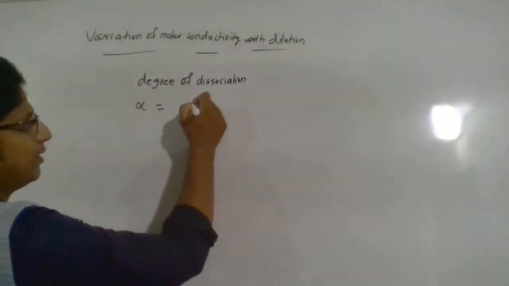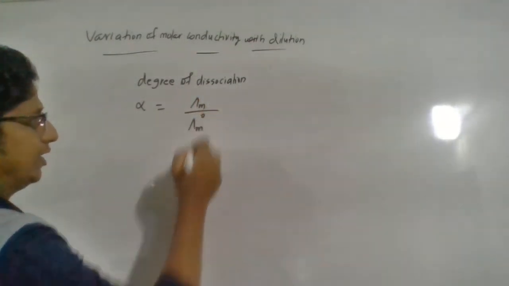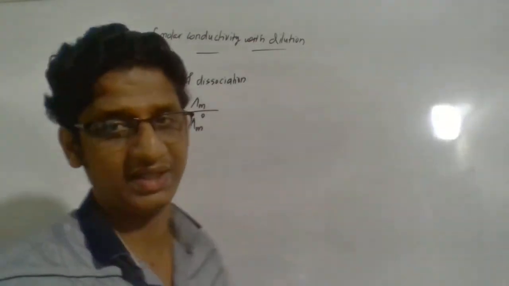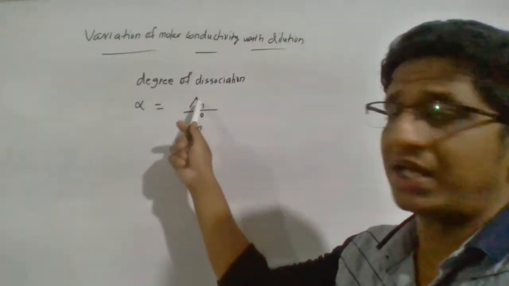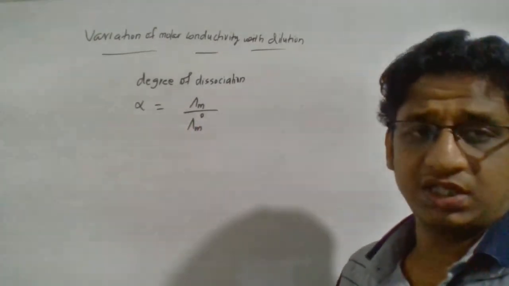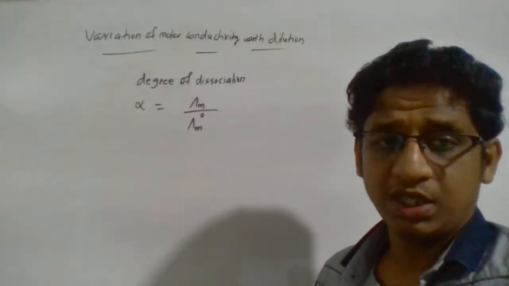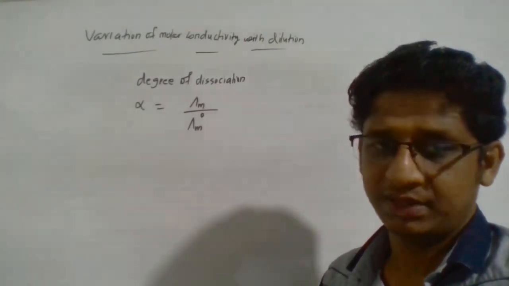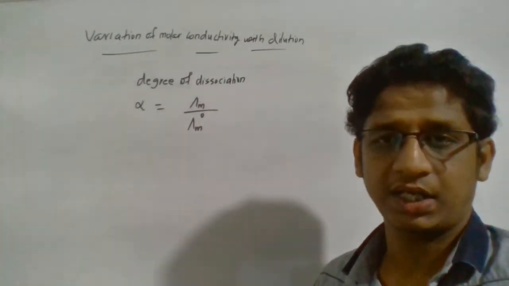We have lambda m, the molar conductivity, divided by the molar conductivity at infinite dilution, which will give you the degree of ionization, because the degree of dissociation is always proportional to the molar conductivity.